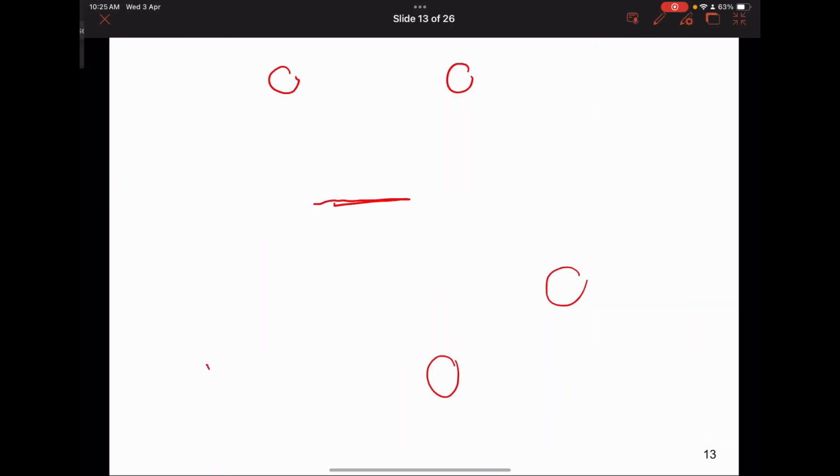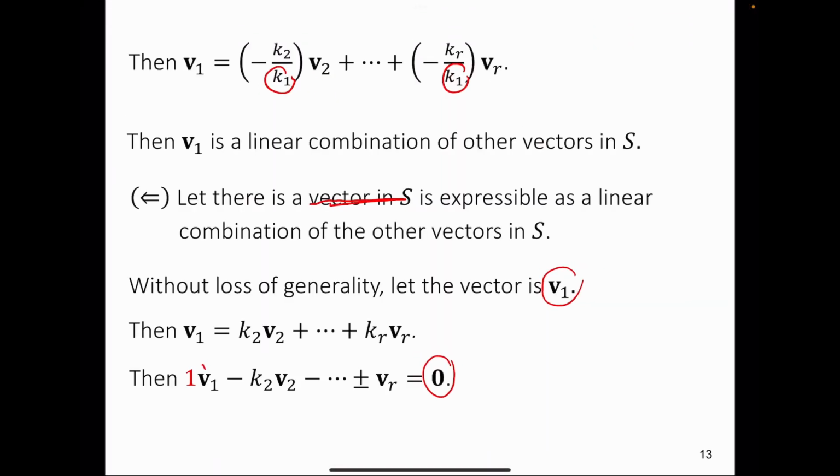Therefore, we have completed the proof for the second direction by showing that the set S is linearly dependent, and therefore the proof for this theorem is completed.